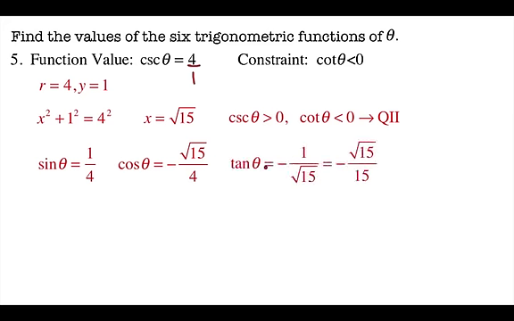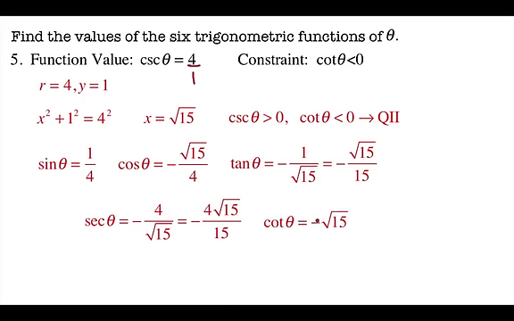Tangent of theta is also negative, and is y over x. Rationalize, this is what we get. Secant of theta is the reciprocal of this. I rationalize. Cotangent of theta is the reciprocal of this.